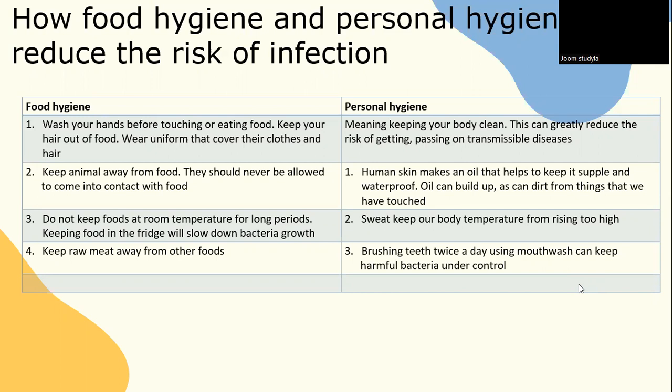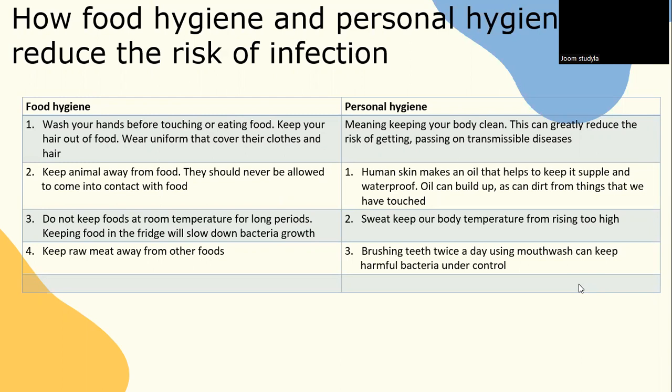Then the other very important thing is personal hygiene. What is personal hygiene? It means keeping your body clean. This greatly reduces the risk of passing on transmissible diseases. Human skin makes an oil that helps to keep it supple and waterproof. The oil can build up, as can dirt from things that we have touched.